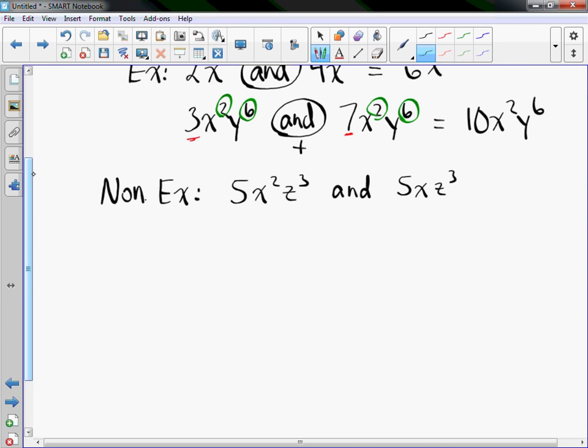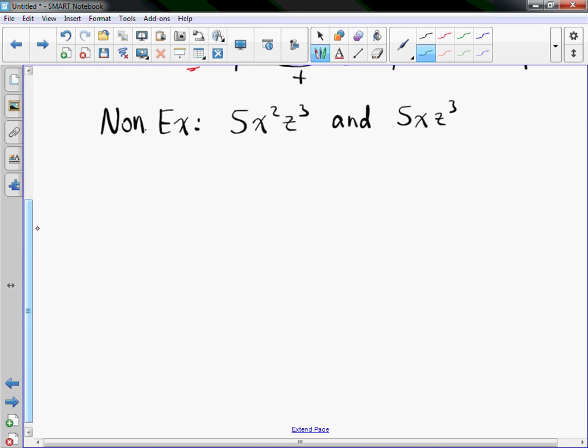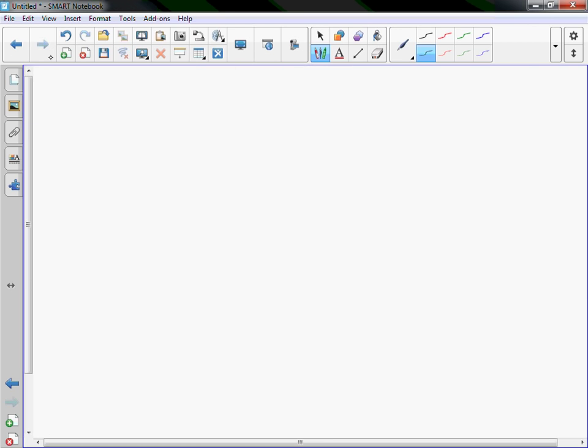Okay, let's look at one example of how to use the distributive property to solve a more complicated multiplication problem. So if I have something like 16 times 102, now I could go about long multiplication if I wanted to, or I could split this up.